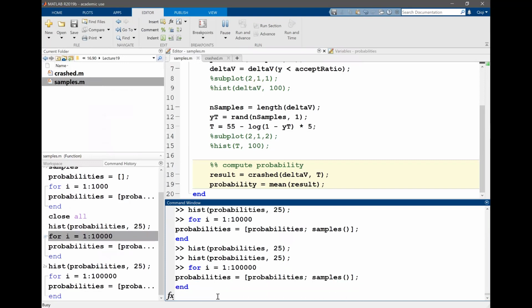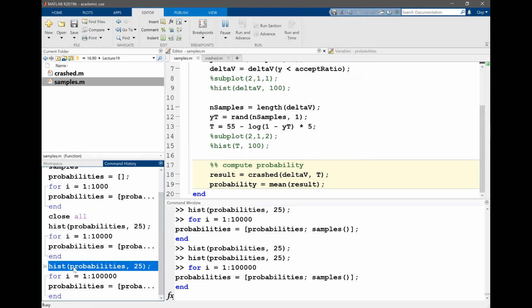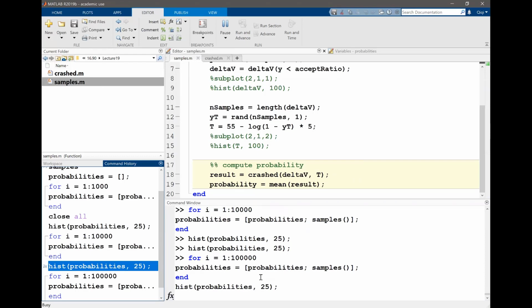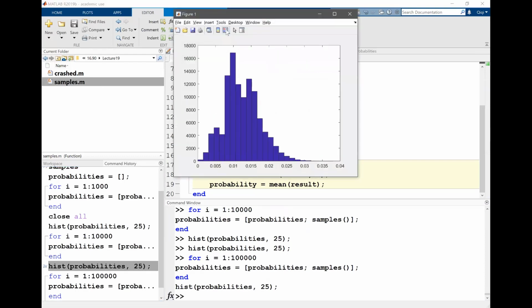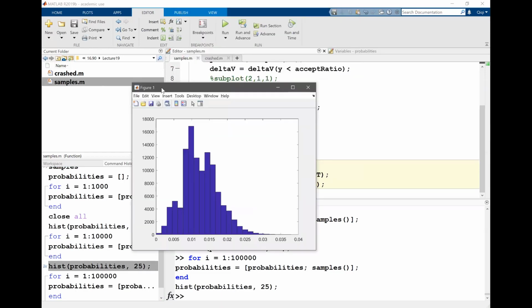How does this look? And I'm going to be plotting the histogram again. Okay, yeah. So now we see the seeming gaps have been filled out a little bit.